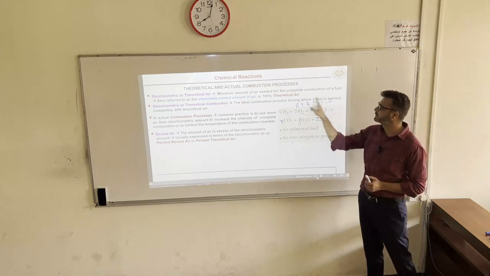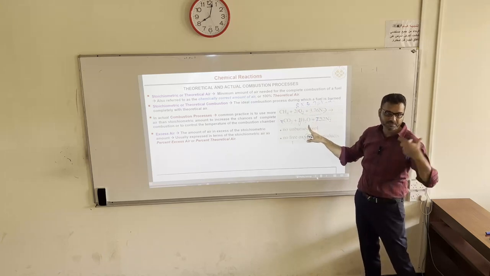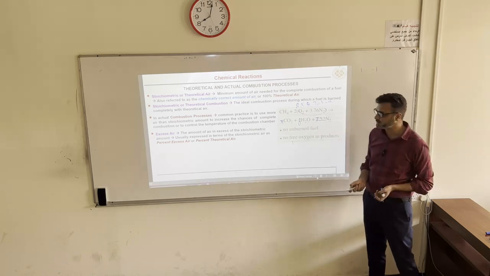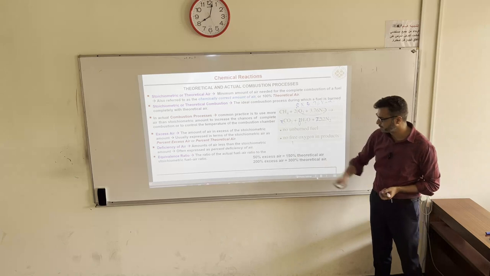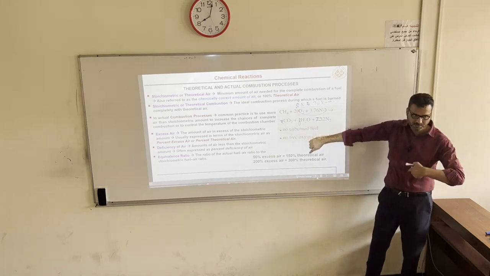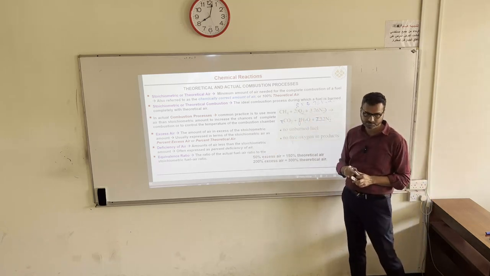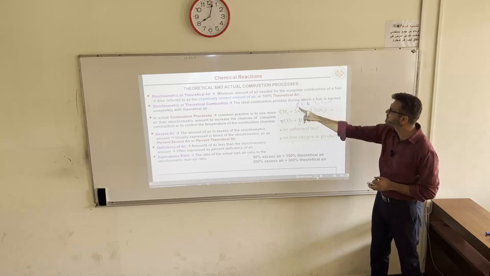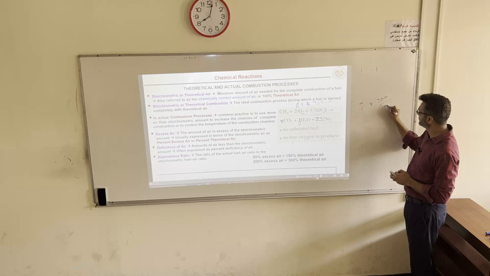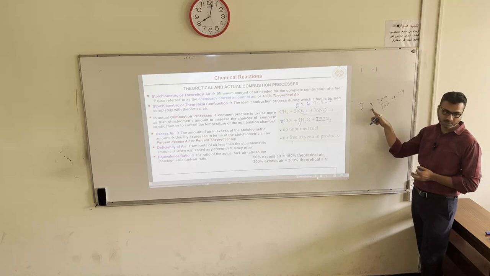This is the 100% theoretical air we calculated for this chemical reaction, and now I can add 50% more, so 100 plus 50 is 150% theoretical air. 50% excess air also means 150% theoretical air. If you are sending 200%, it means 200% of this, for example 2 times 3.76 is almost 7, so multiplied by 200% I am adding 200% of this.